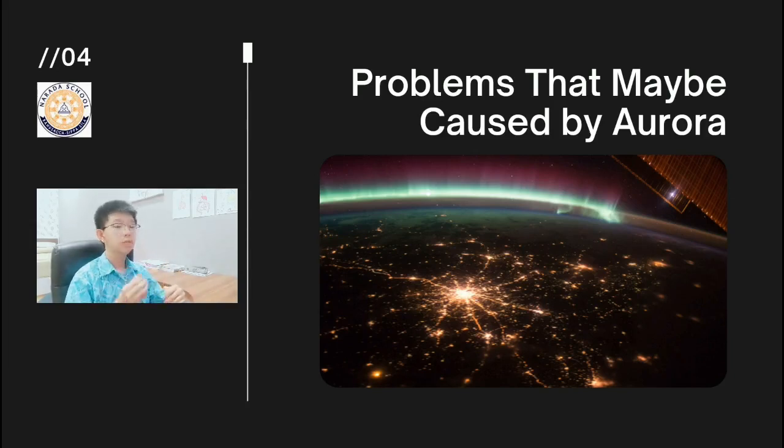They can interfere with satellites, causing the satellites to be unable to send information back to Earth. Another problem is that it can cause planes to alter routes, because it might be unsafe for planes to go near these really big auroras.